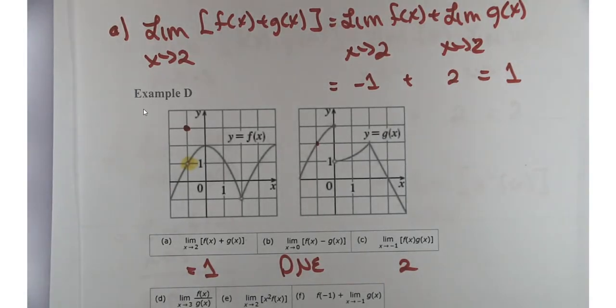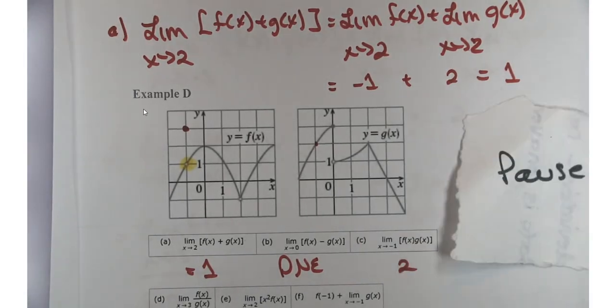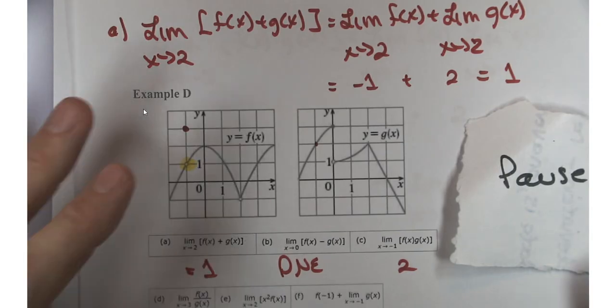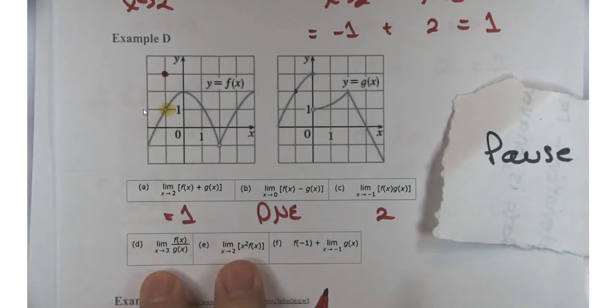If you're watching this at home, you might want to pause things and see if you can't figure out those two limits. So that would be these two here. Well, the first one, x approaches 3, second one, x approaches 2.